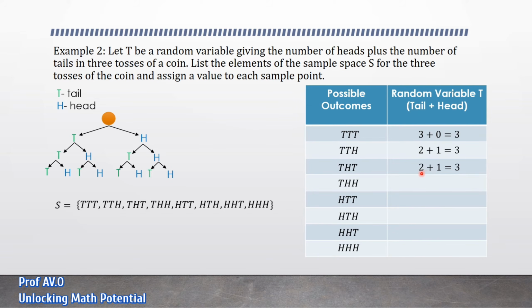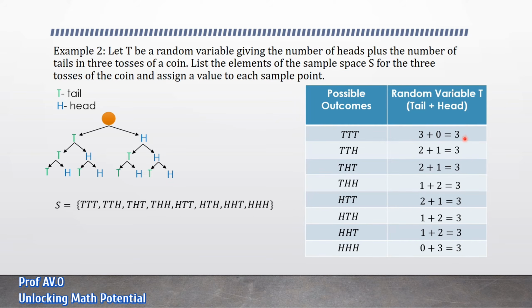Next, 2 tails plus 1 head equals 3. 1 tail plus 2 heads equals 3. 2 tails plus 1 head equals 3. 1 tail plus 2 heads equals 3. 1 tail plus 2 heads equals 3. And then 0 tails plus 3 heads equals 3.